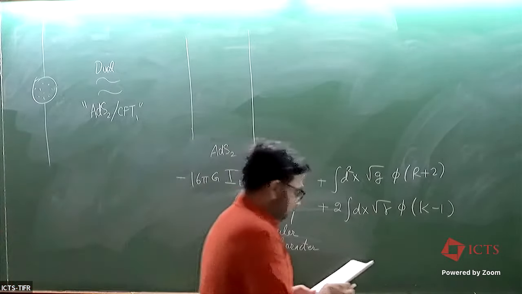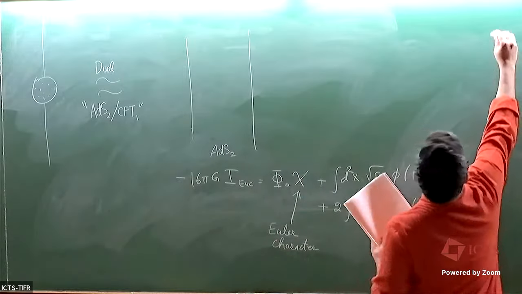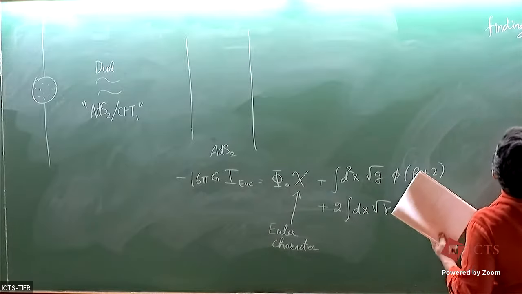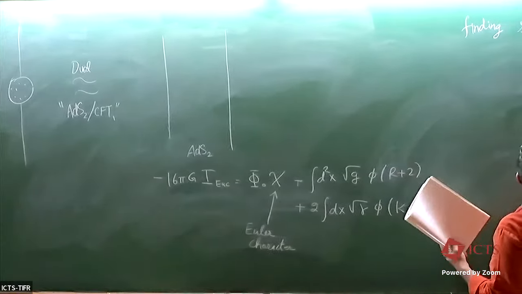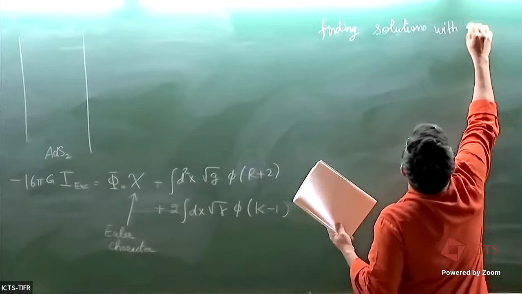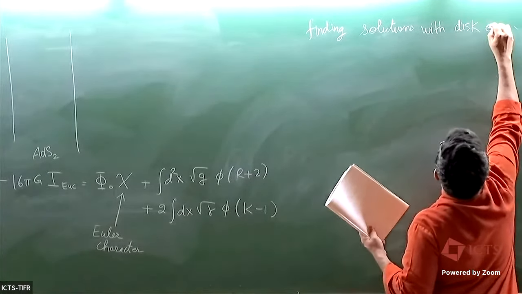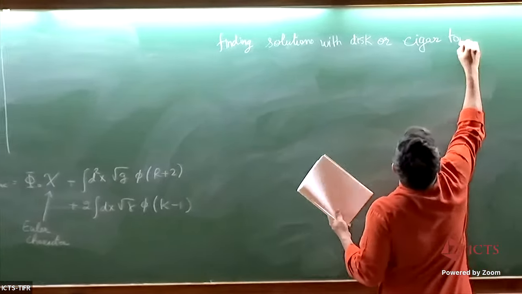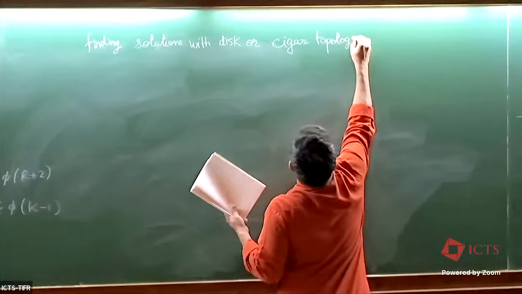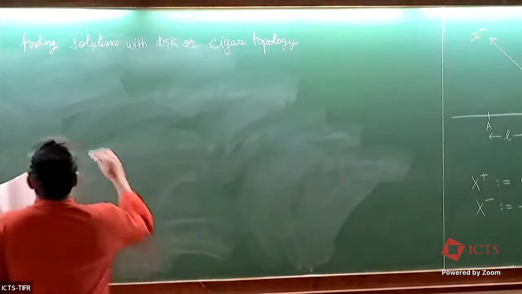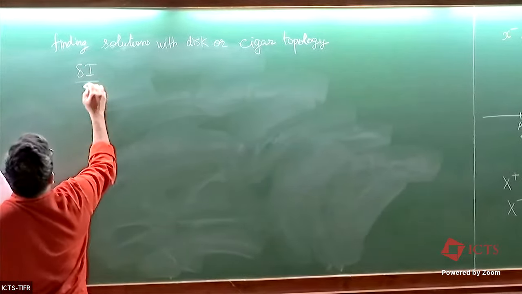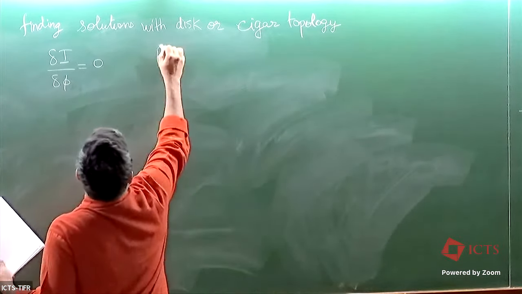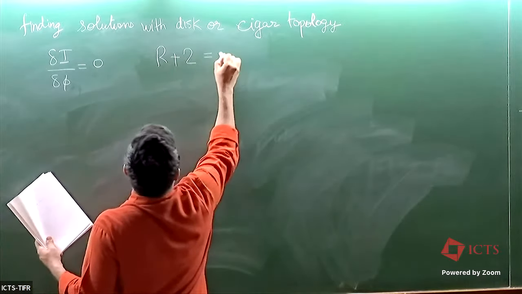And you can write the equations of motion. So we would be interested in finding solutions with a disk or cigar topology, which is the same. Okay, so when you vary the action with respect to phi and set it to 0, it's easy to see that the equation of motion you get is R plus 2 equal to 0.